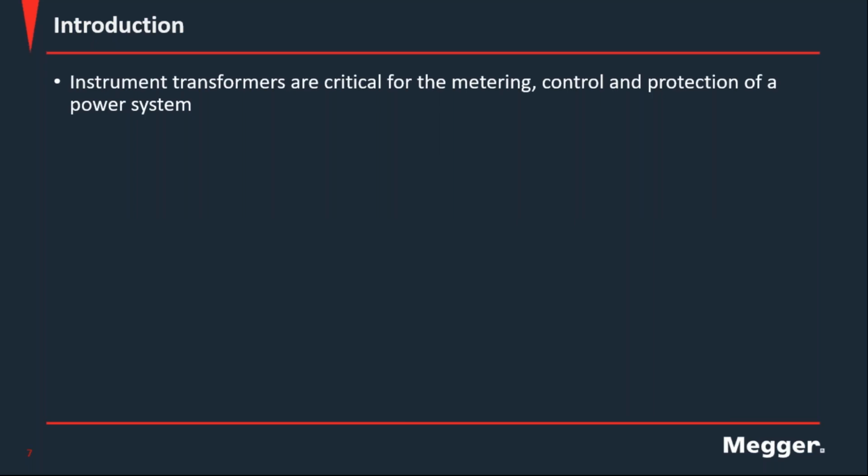As a background, why talk about this? Well, instrument transformers are critical for power systems. They are the ones that bring primary signals into the metering and control devices as secondary signals. So you will get secondary voltage and secondary current for the system to be controlled and protected.